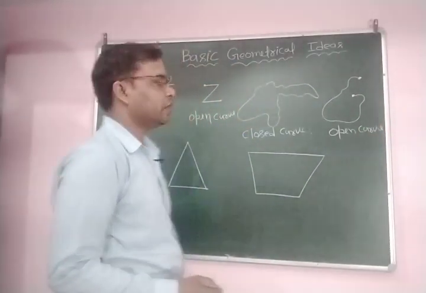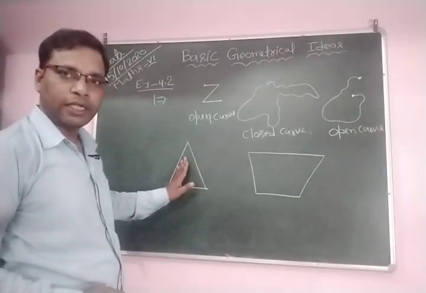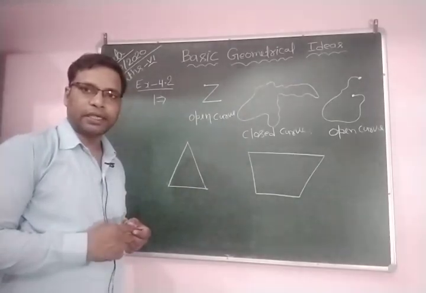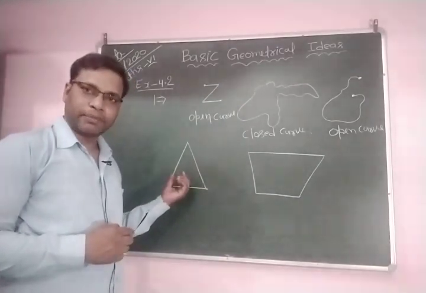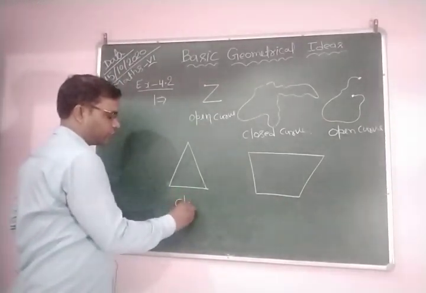Clear? Now the next curve is this. You can see the initial point and the end point are at the same place. So this is a closed curve.